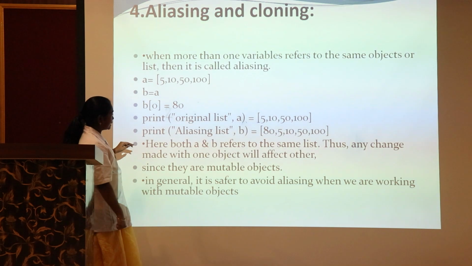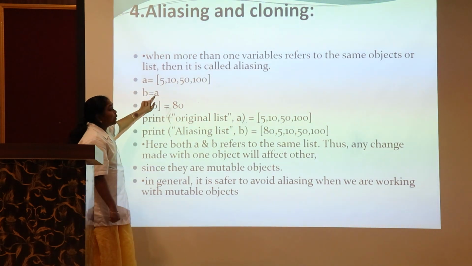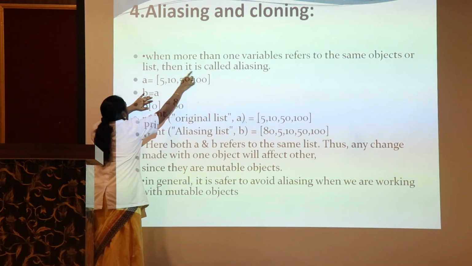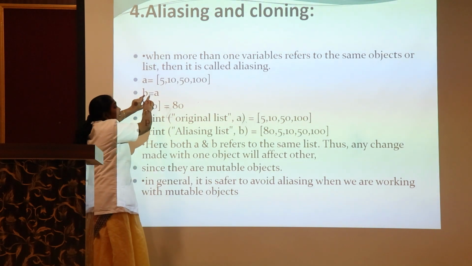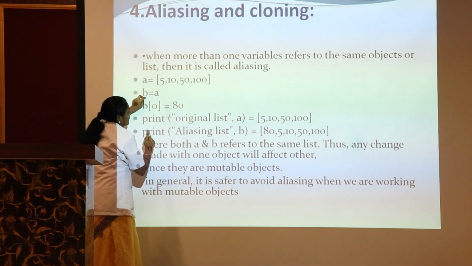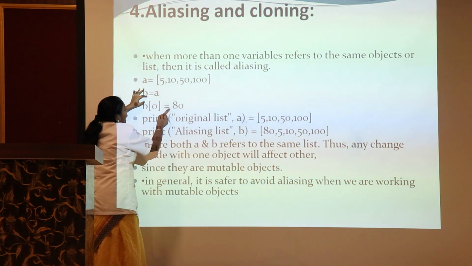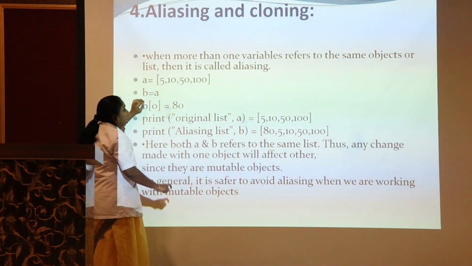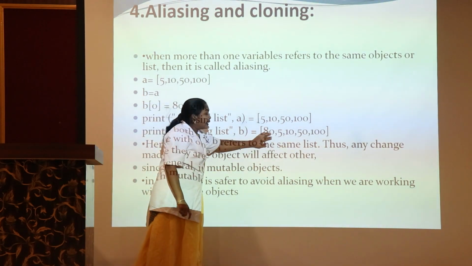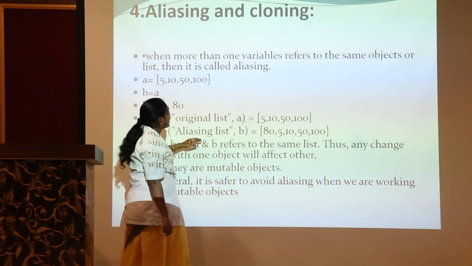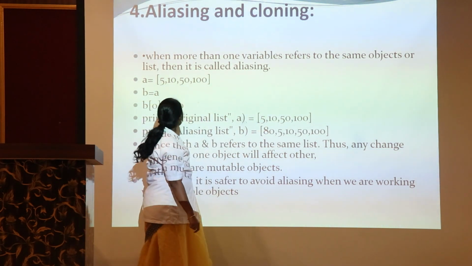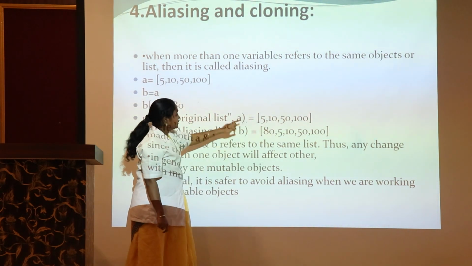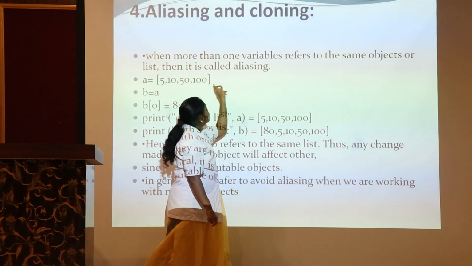B equal to A, the values were already assigned, the same values can be assigned for the list of B. The value 80 is added in the list of B. The same concept applies here. That is the separate aliasing list of B: 80, 5, 10, 50 and 100.